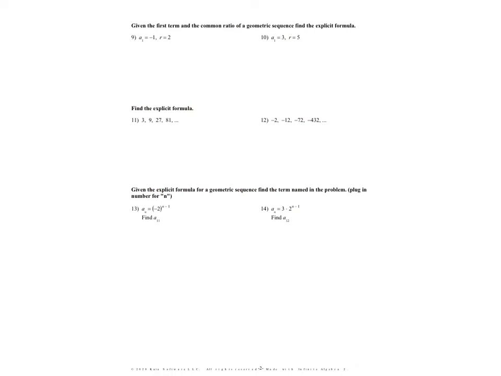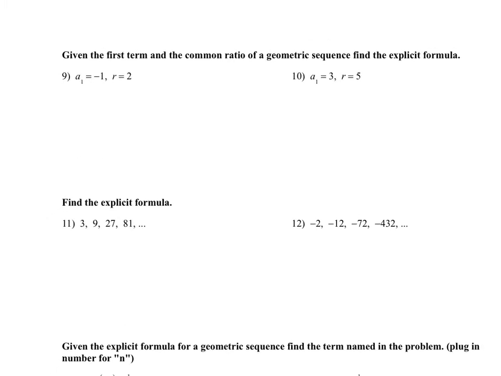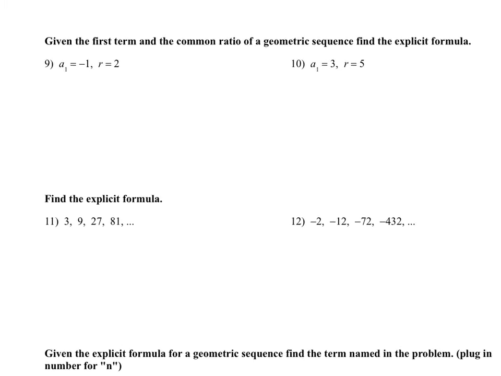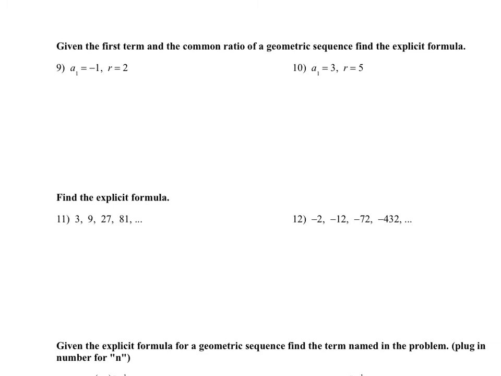All right. So looking here at number 9 and 10, they say you are given the first term and the common ratio. They ask you to find the explicit formula. Well, the thing to remember, the explicit formula, a sub n is equal to a1 times your ratio raised to the n minus 1 power.